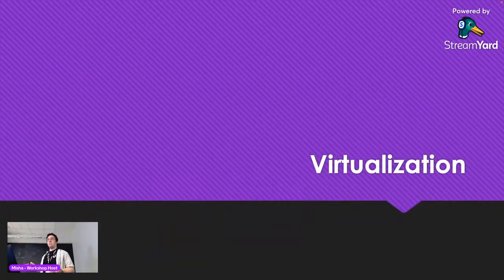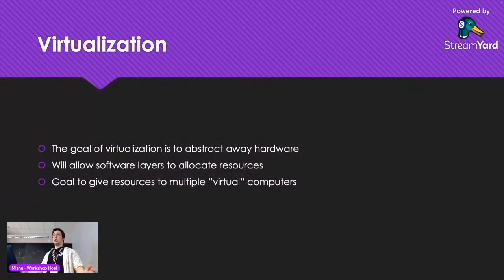A lot of the ideas behind Docker stem from virtualization. The idea behind virtualization is to abstract away the hardware, like memory and CPU usage. We don't want the actual processes to care about these sorts of details. All they need to know is I want this memory. It doesn't need to know how to interact with the hardware.